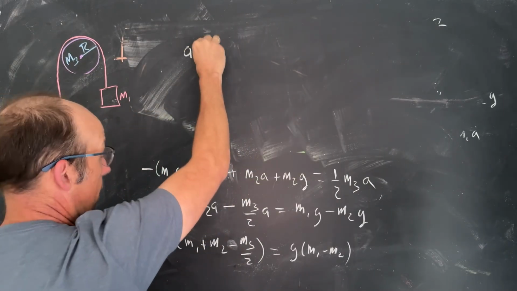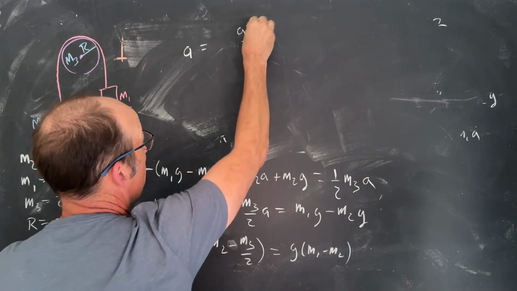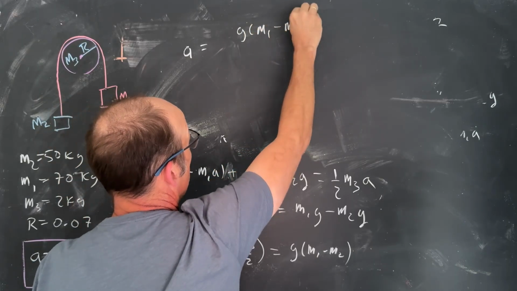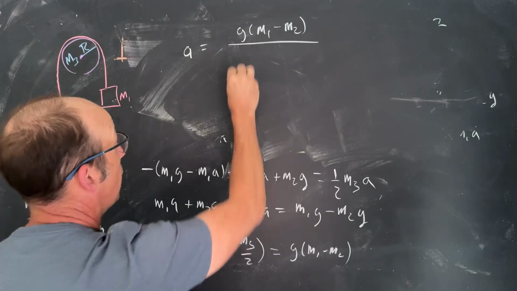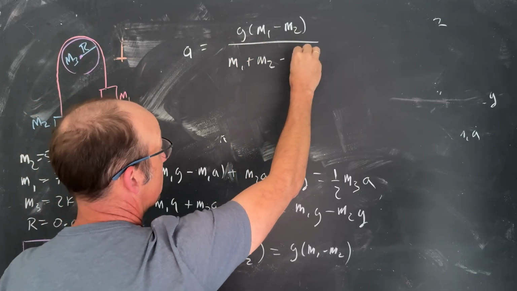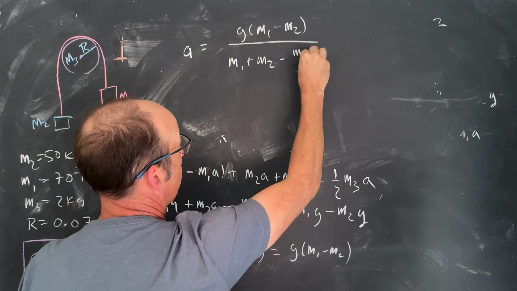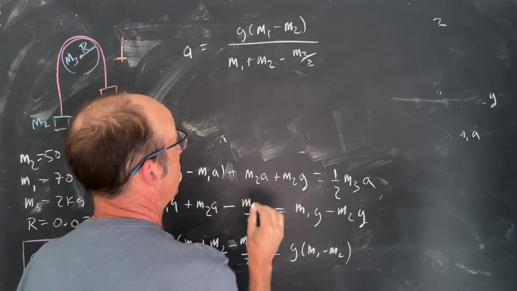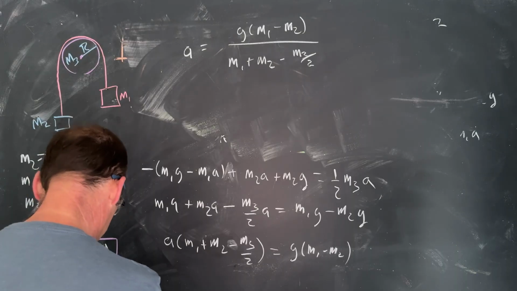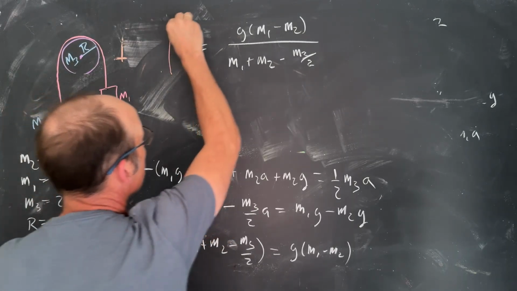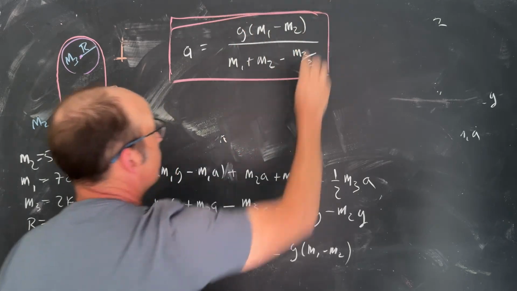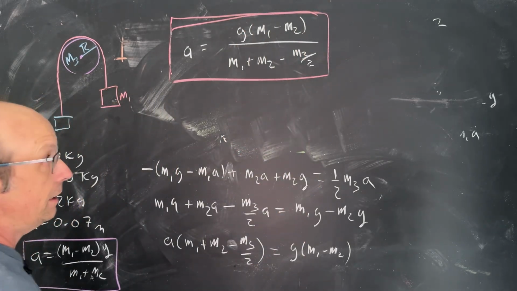I get A equals G M1 minus M2 over M1 plus M2 minus M3 over 2. And M3 is the mass of the disk. And that's that. It needs a box. That's not a very good box. That's better.